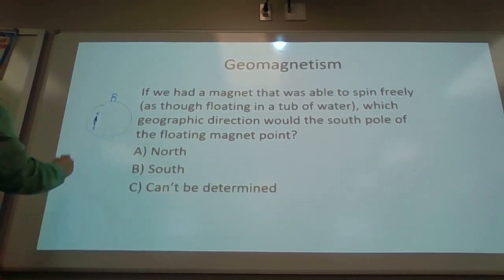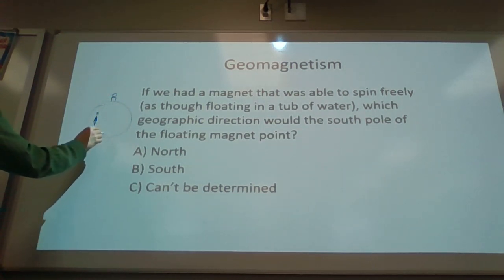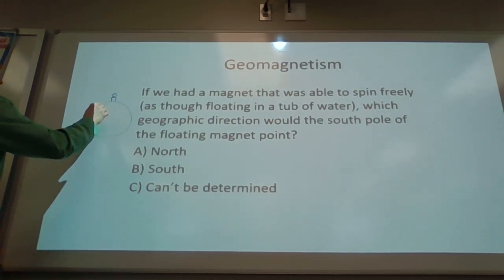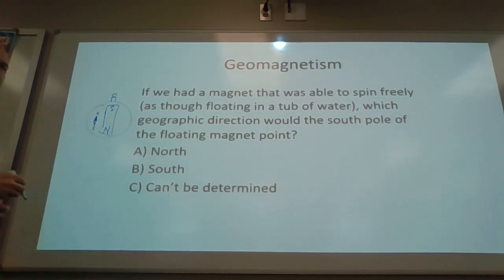Here's Santa Claus land. This would point towards the geographic South Pole because the geographic South Pole is the magnetic North Pole. So then isn't it A?